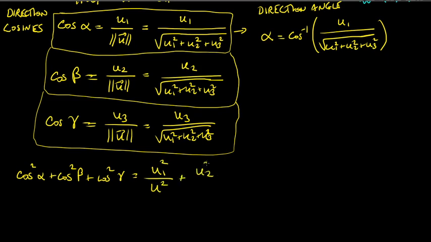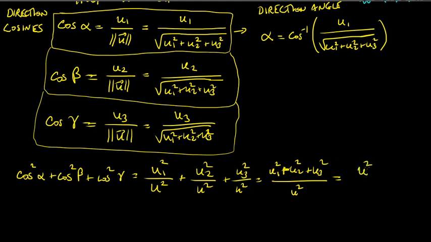Plus u2 squared divided by u squared plus u3 squared divided by u squared. And because they all have the same denominator, you just get in the numerator u1 squared plus u2 squared plus u3 squared, which is none other than u squared. So u squared divided by u squared is 1.